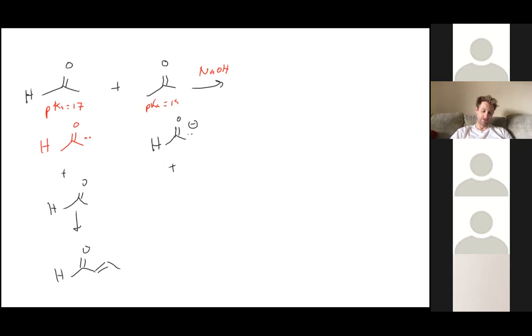So we get some selectivity when we have both a ketone and an aldehyde in solution.